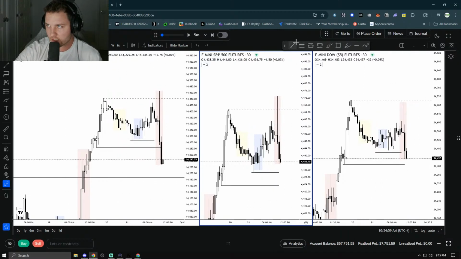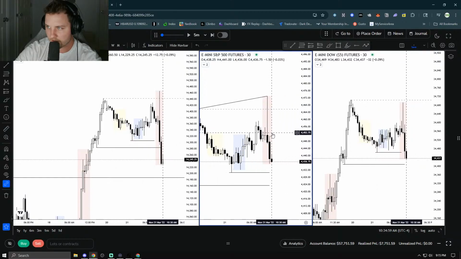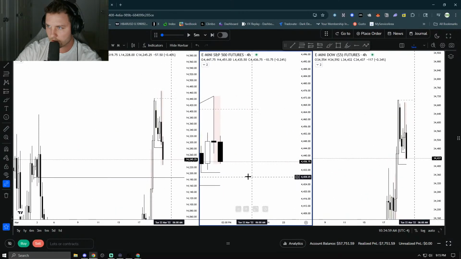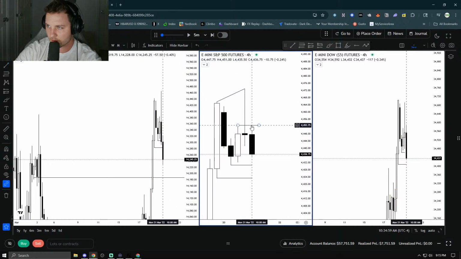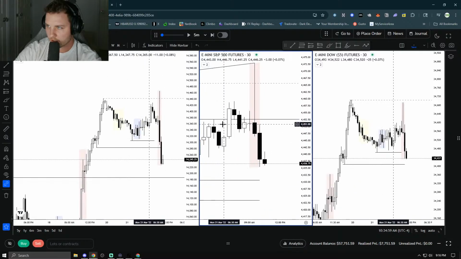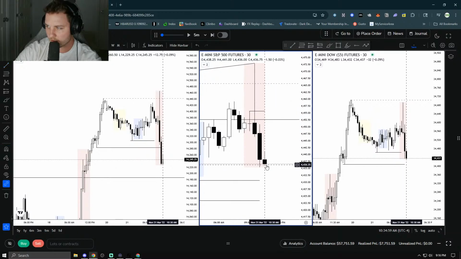Technically, if I were to frame this short, have this go to 4 hour, small wick. We can anticipate the swing point. A 30-minute. Okay. So see 1, 2, 3, 4 continuation.